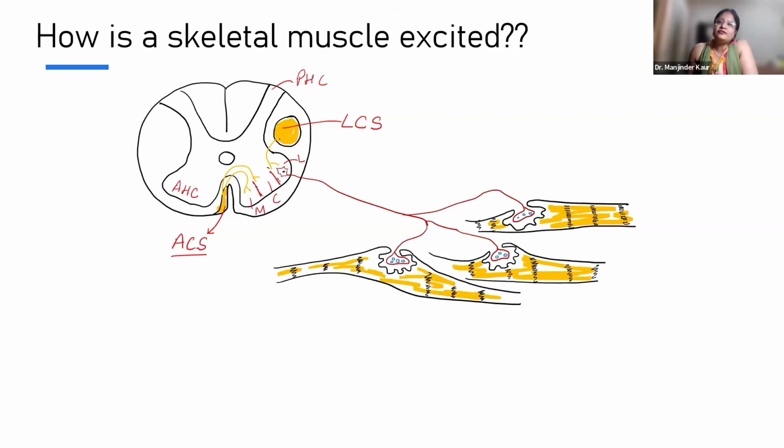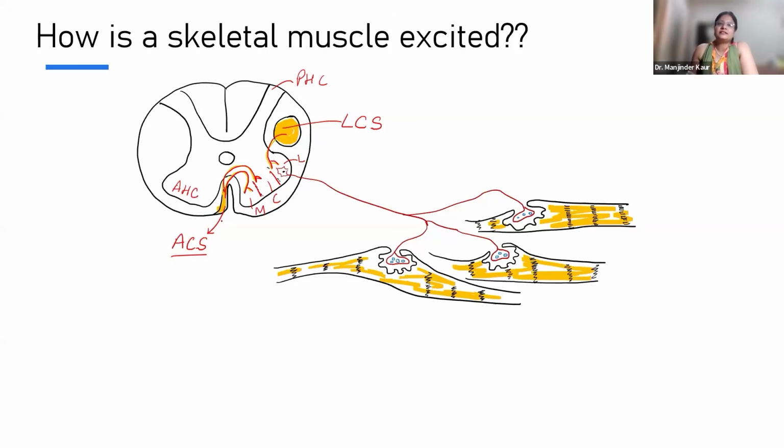As you can see here, the fibers from the lateral corticospinal tract end on the neurons originating from the lateral portion of the anterior horn cell, whereas the fibers of the anterior corticospinal tract cross to the opposite side and end on the fibers originating from the central and medial part of the anterior horn cell.